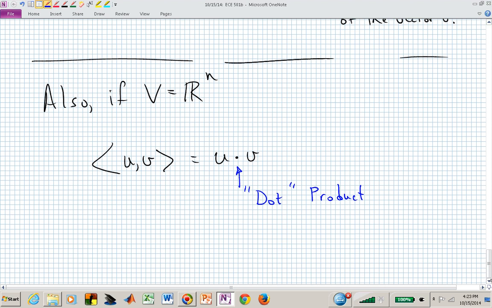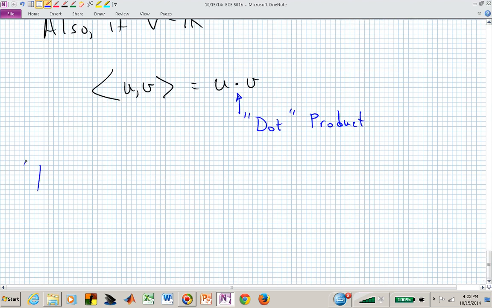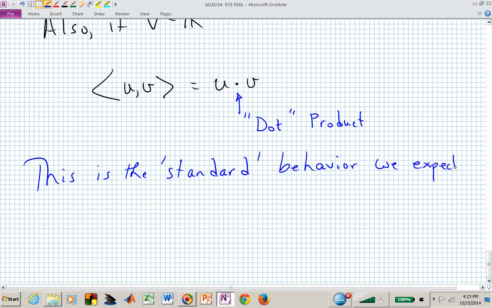And this is the standard behavior that we would expect if we were dealing with geometric vector spaces.